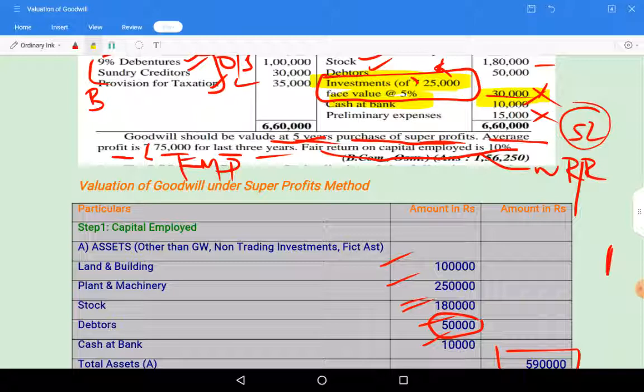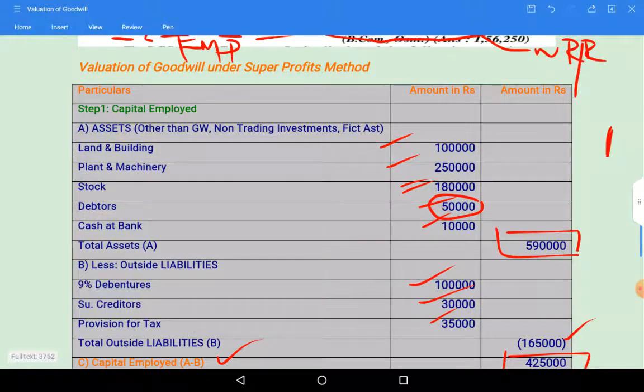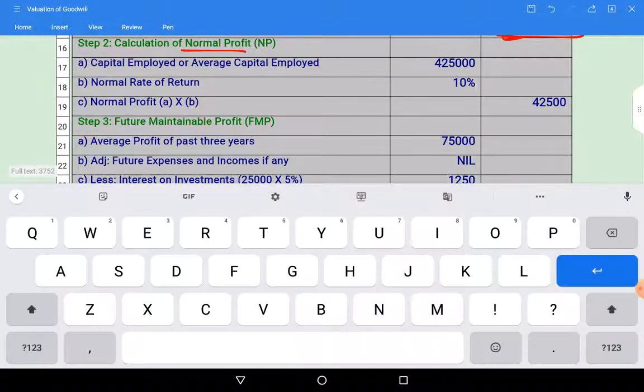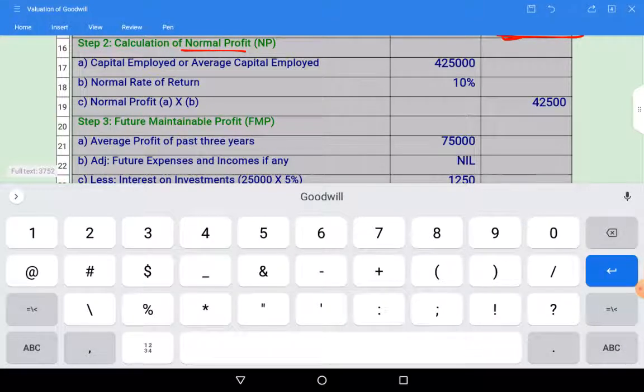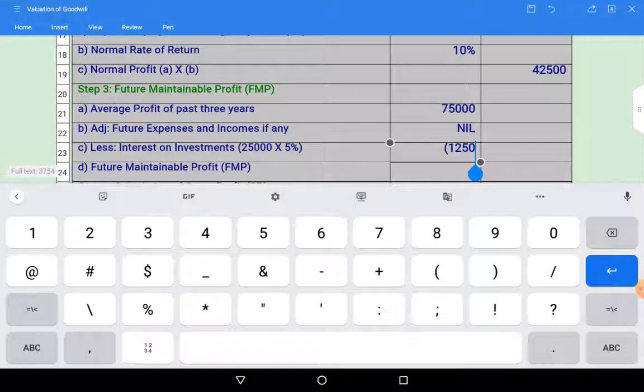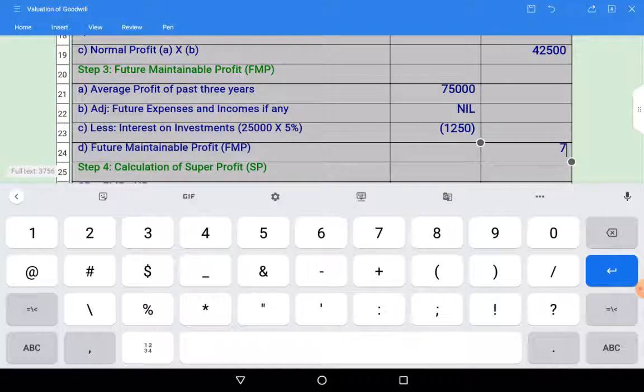Okay, let us go to our question. So if you deduct 1,250 from 75,000, future maintainable profit will be 73,750, as per my knowledge. 75,000 minus 1,250.